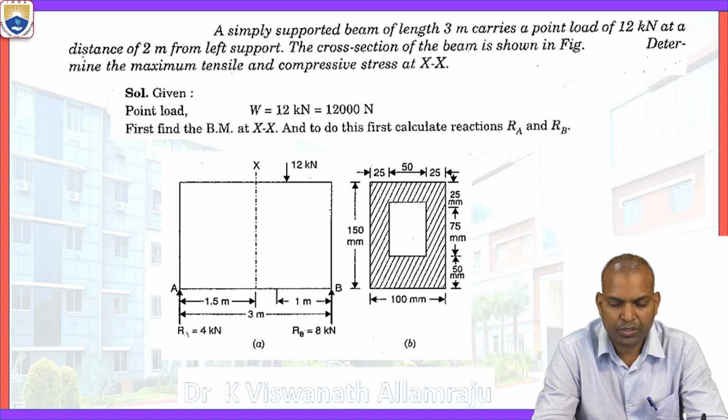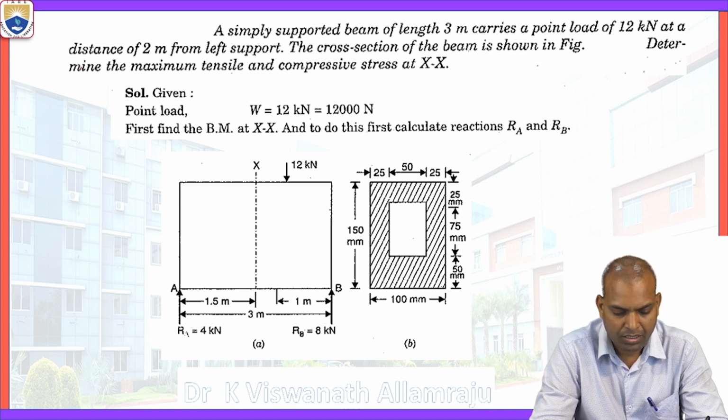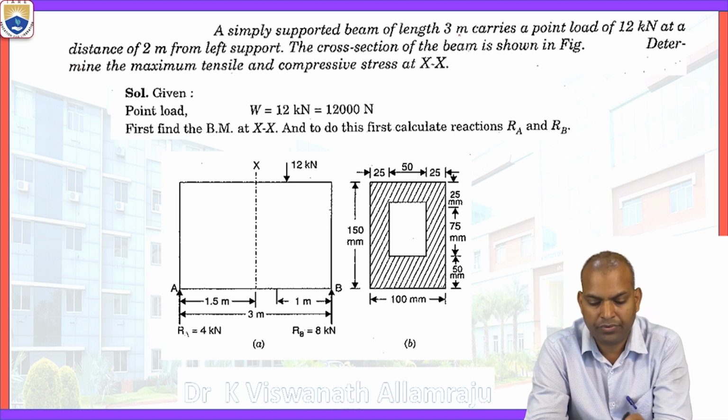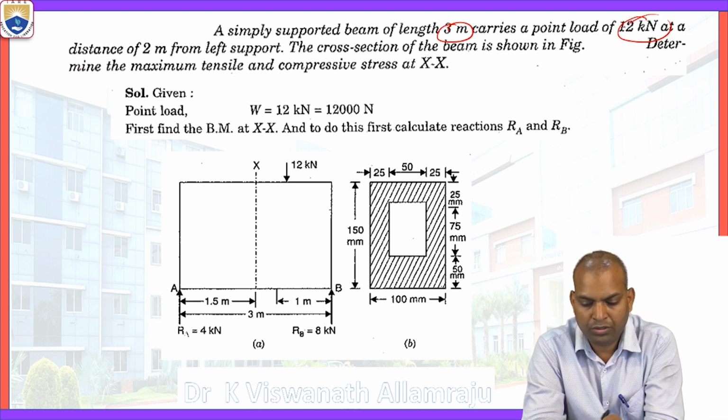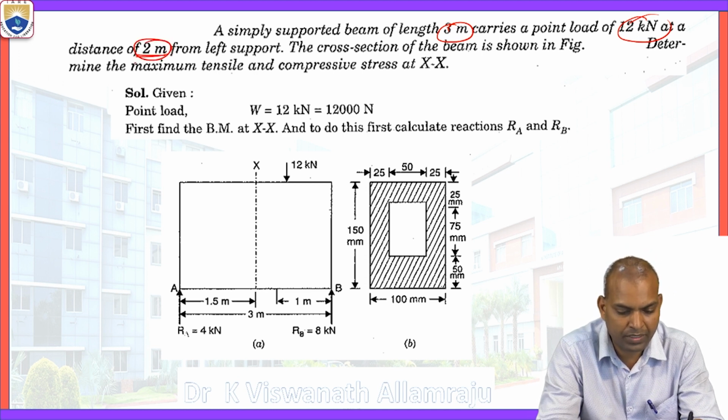A simply supported beam of length 3 meters carries a point load of 12 kilonewtons at a distance of 2 meters from the left support.